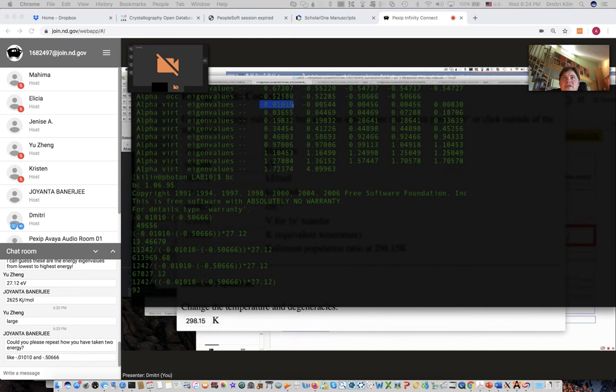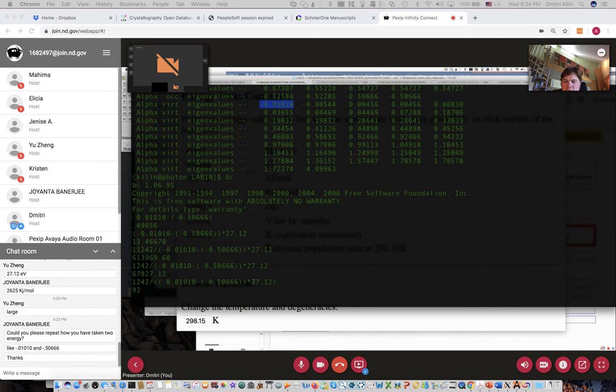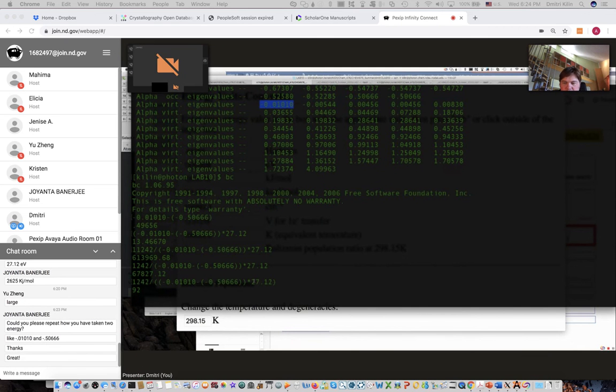This first value of VIRT is called LUMO, the lowest unoccupied molecular orbital. So the energy of LUMO is this much.